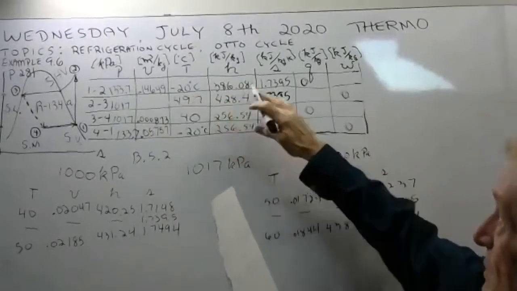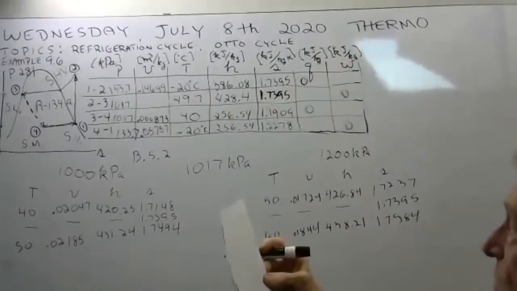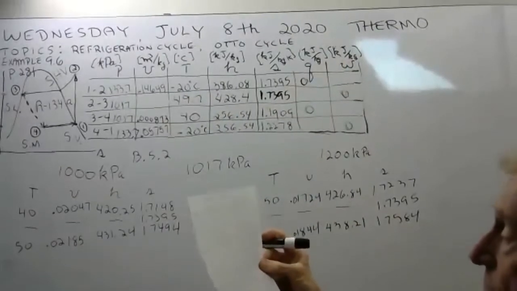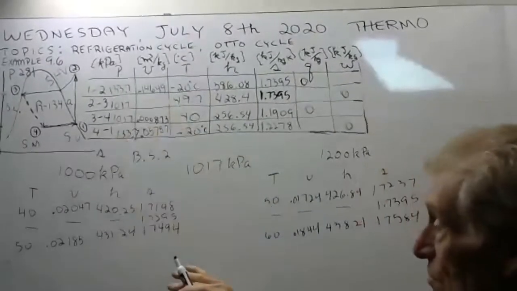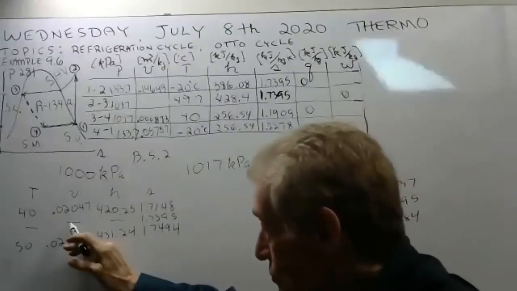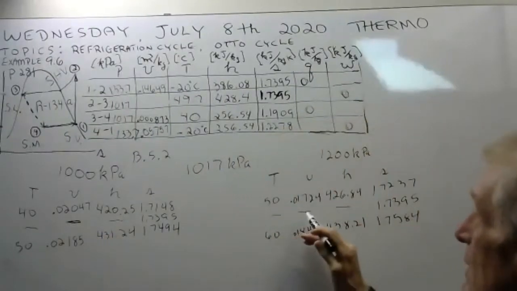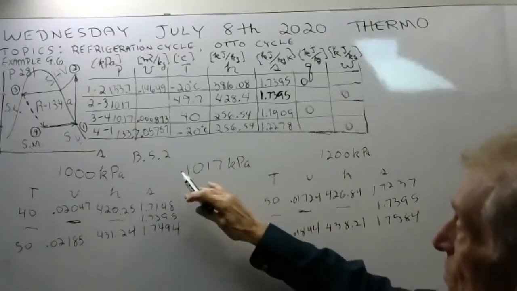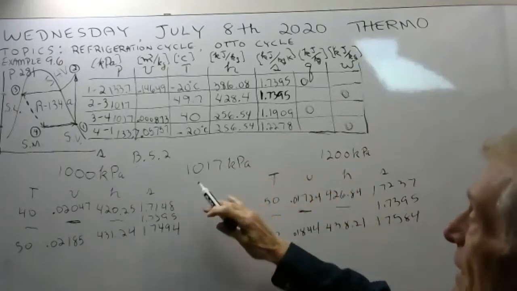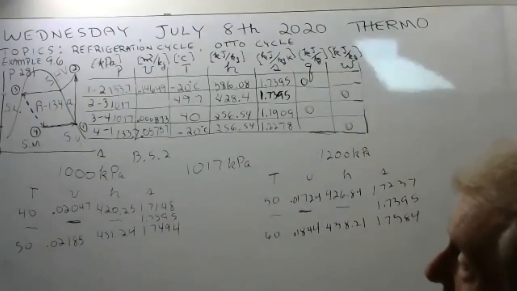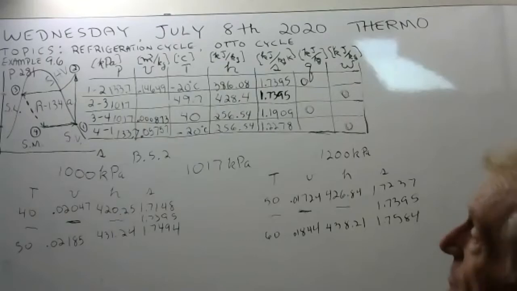I just want to get to the auto cycle today. And except for that box there, which I was too lazy to do, but you could do it, see, because once you got this, and once you got this, you could interpolate between them, between the 1,000 and the 1,200, and you could get that. Doesn't that sound like fun? I'll leave that to you. But I know you could do it.